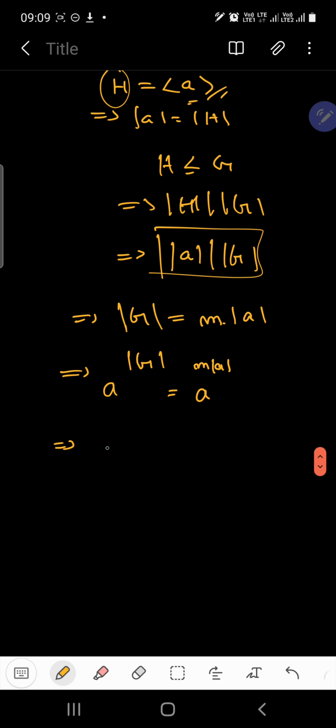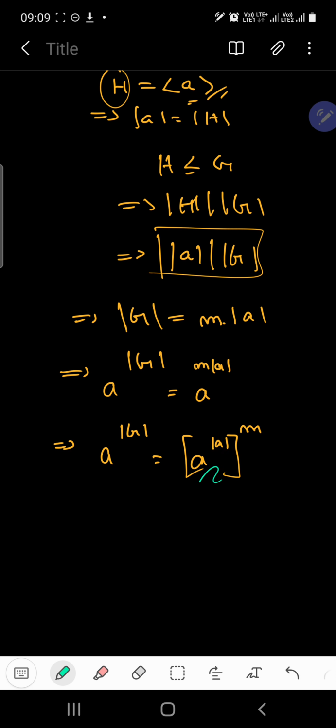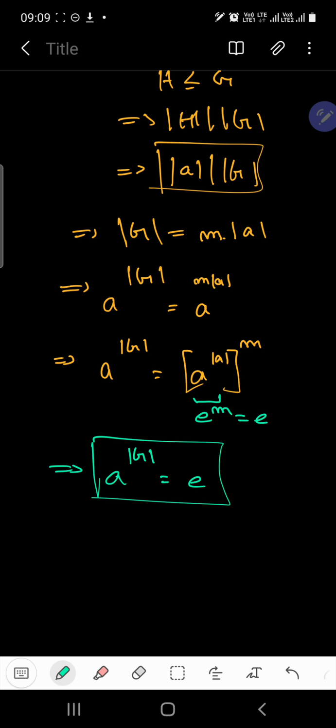So A to the power order of G equals A to the power order of A, whole to the power m. A to the power order of A is equal to E, and E to the power m is equal to E. So A to the power order of G is equal to E, where E is the identity in the group G. Up till this much is clear.